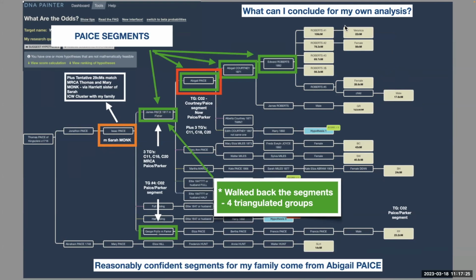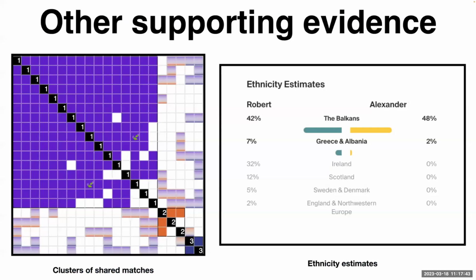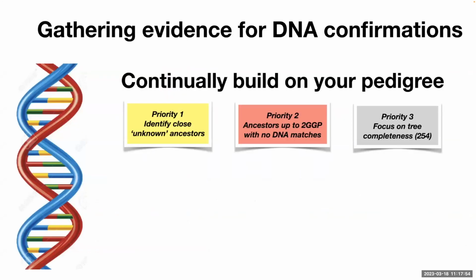But for my analysis, it doesn't really matter because I reckon it all comes from Abigail Pace, and that's what I would be concluding in terms of working with Anne's match for my own family history. Working out where Anne fits is a completely different question, but not something that I necessarily need to resolve. So some other supporting evidence you might want to use is clusters or shared matches and ethnicity estimates, that sort of thing.